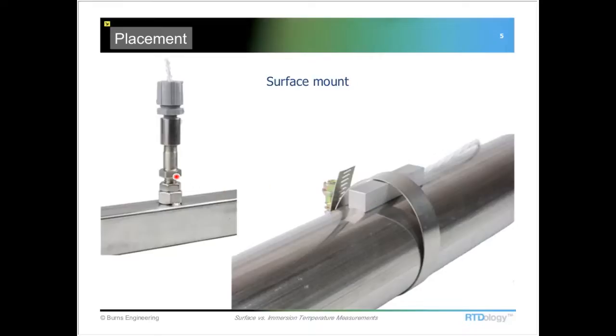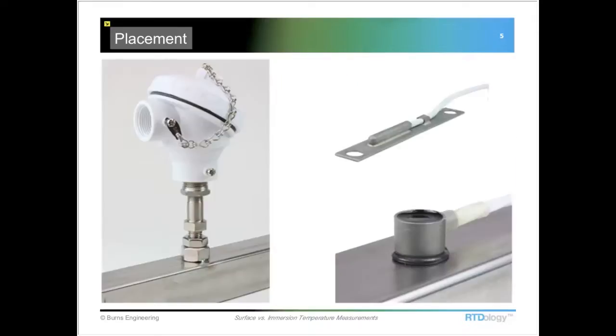A device like this uses a nut that is welded to a surface, and the sensor screws into it, and the sensing element would be right at the very tip of what is essentially a bolt that threads into the nut in this location. And that'll give you a fairly accurate surface measurement.